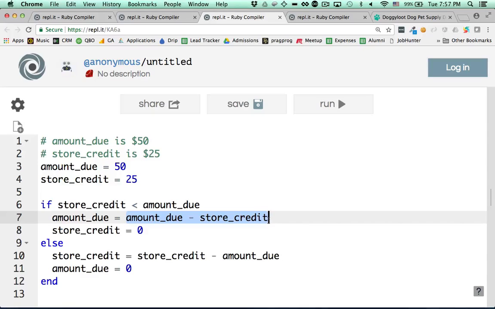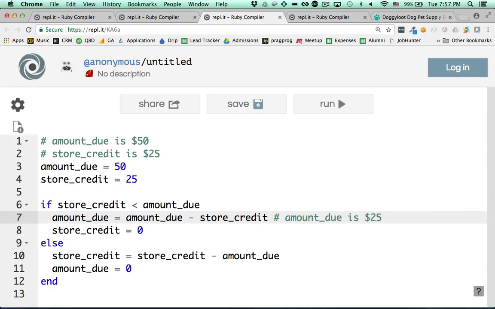The amount due is now $25 because you're using $25 of your store credit towards the purchase of $50. So you only owe $25 on your credit card.